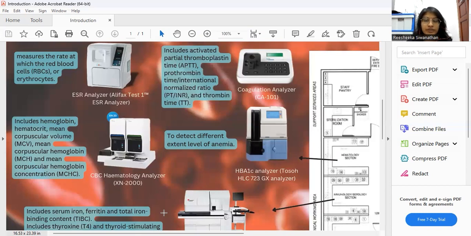Hence, in people with mild anemia, HbA1c can be used as a diagnostic tool for diabetes. The analyzer will be the TOSOH HLC723GX analyzer. This produces stable HbA1c results with variant detection in 2.2 minutes and generates the first results in 6.6 minutes.